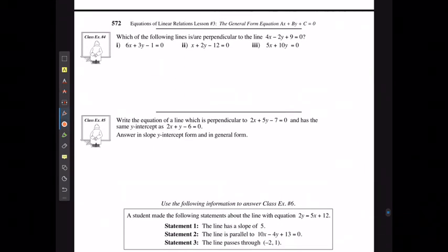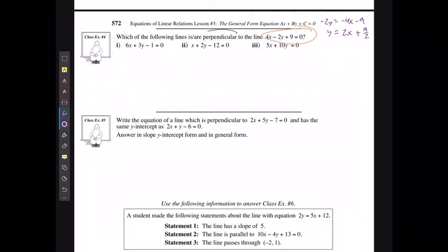For example 4, which of the following lines are perpendicular to the line 4x minus 2y plus 9 is equal to 0? Well, I'm going to rearrange that and say that I have negative 2y is equal to negative 4x minus 9, or y is equal to, when I divide everything by negative 2, 2x plus 9 over 2.